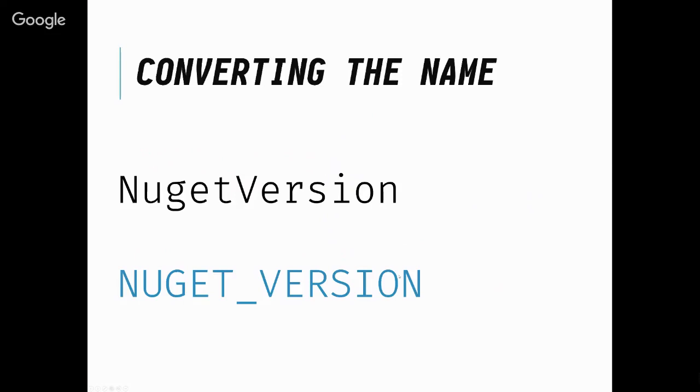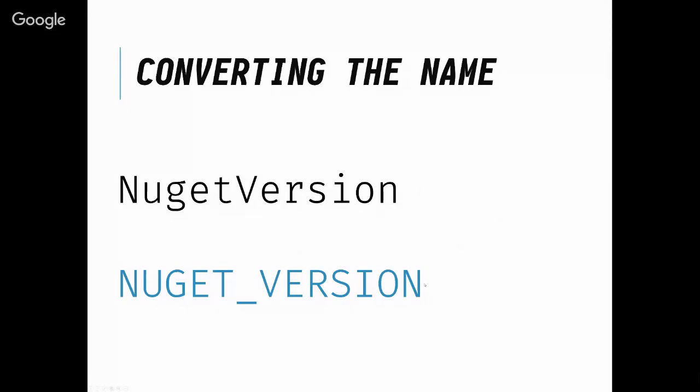You can call it whatever you want, but I just wanted my environment variables to look nice in the script and look the same way as any other environment variable in the script. So I have the string NuGet version, and you can see that I capitalized the N, I capitalized the V, and then I changed it to a format where everything is capitalized in the word, then underscore, then capitalized again.